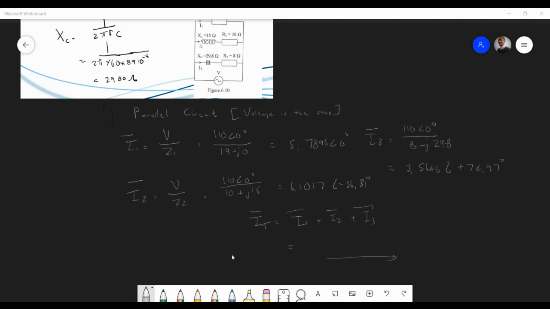Let me know what you guys get for the current. The reason I'm letting you do this is so you get used to your calculator.